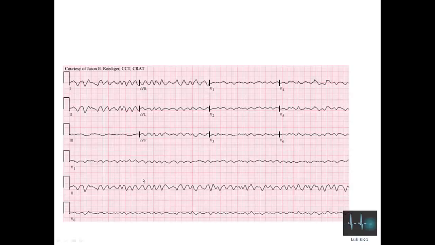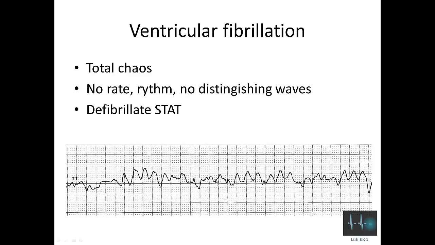And why is this not a ventricular tachycardia? Well, it's highly irregular. As you can see, this doesn't look at all like the previous pictures. They are not regular. This is total chaos, and total chaos is the hallmark of fibrillations.